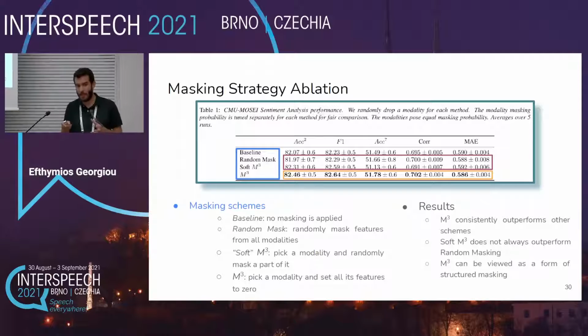This result indicates that we have to go all the way and mask all the features of a particular modality in order to gain the maximal performance. This result also highlights an alternative viewpoint for M3, which is that it can be seen as a form of structured masking.